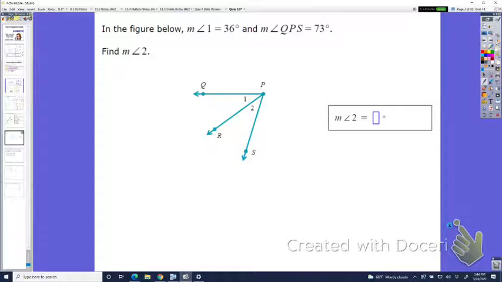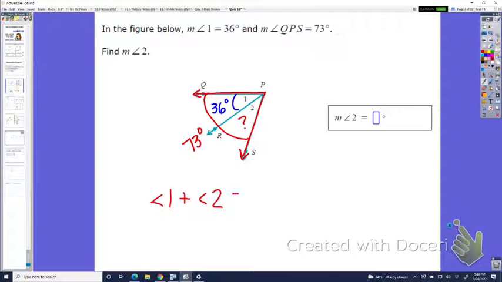In the figure below, angle 1 is 36, so it's helpful to label that. QPS, which is the entire angle. So angle QPS, the whole thing, is 73 degrees. So you need to find missing angle number 2. So you should clearly see that if you add angle 1 to angle 2, you're going to get the whole angle of 73 degrees.